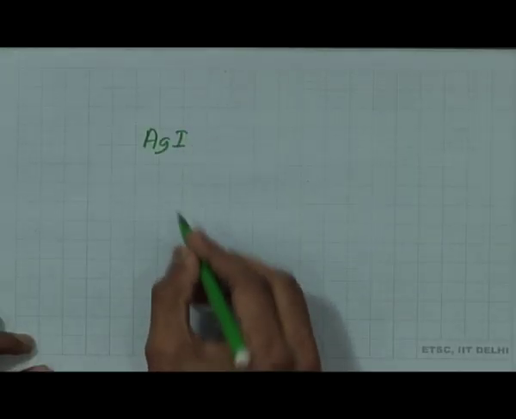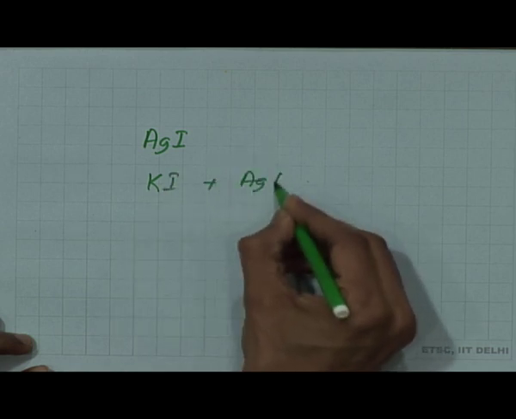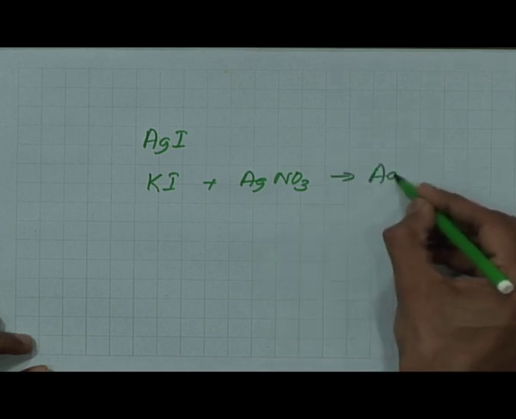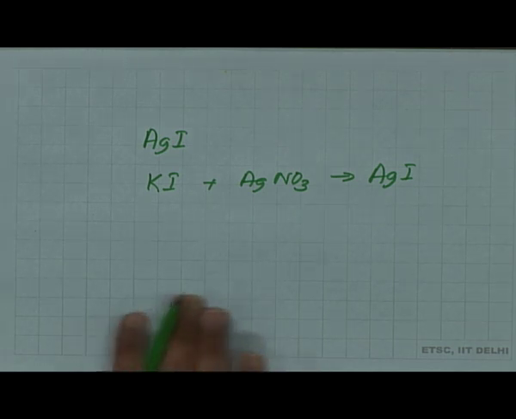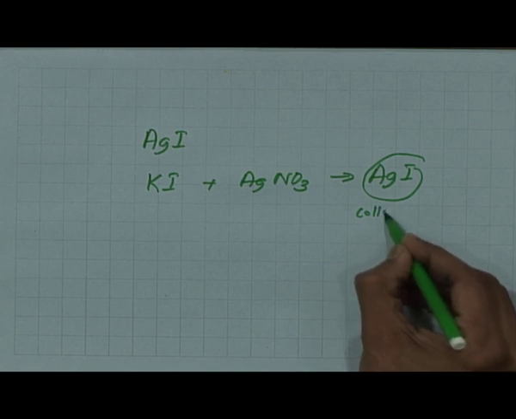So, if you take potassium iodide and add it to silver nitrate, you are going to almost immediately get silver iodide precipitate, but if you can control it a little bit, you will get silver iodide as colloidal particles.